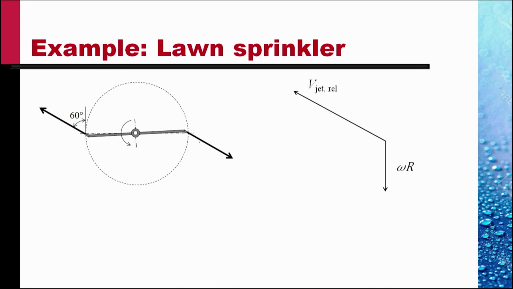So, the net velocity, the effective velocity, is the difference of these. If this is to be radial, then the omega r should be equal to the vertical component of the relative velocity of the jet.